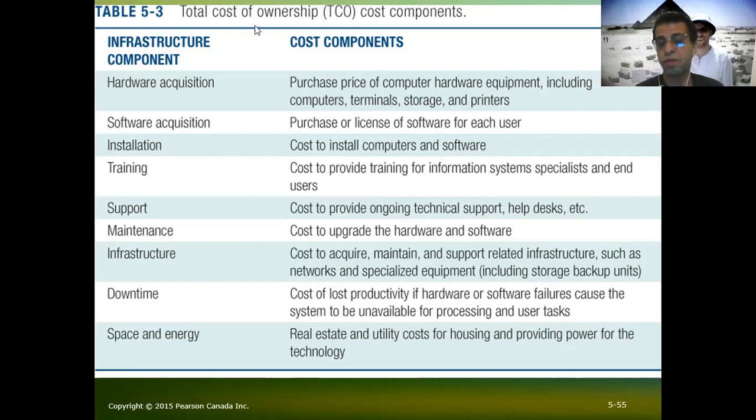Infrastructures, which is the cost of acquiring, maintaining, and supporting related software, such as network specialized equipment, including the storage, backup units, downtime, which is the cost of productivity if a hardware or software failure makes the system unavailable for processing and user tasks, and space and energy: real estate and utility costs for housing and providing the technology.